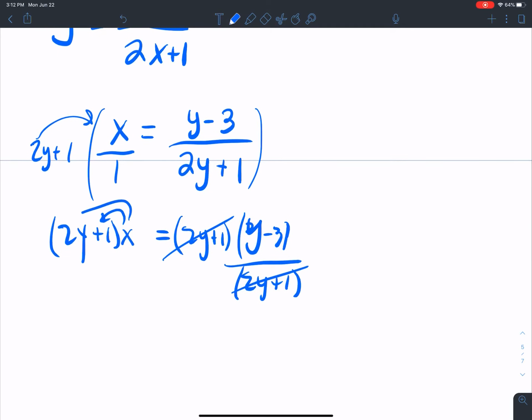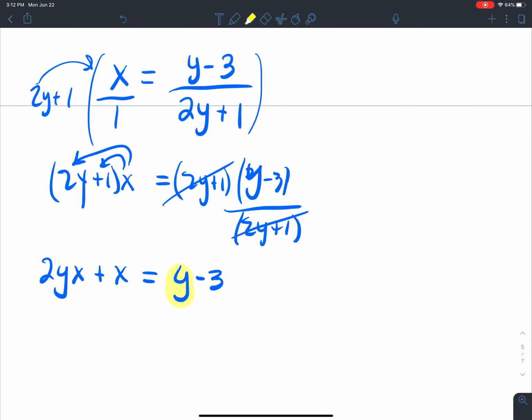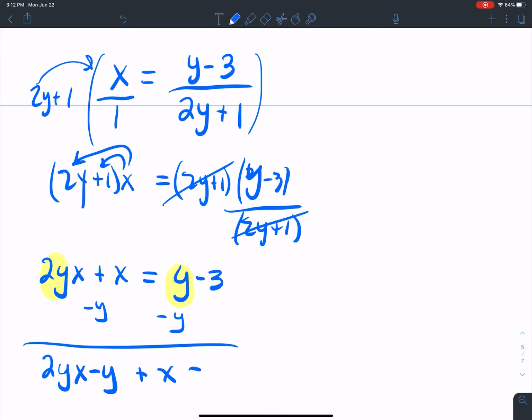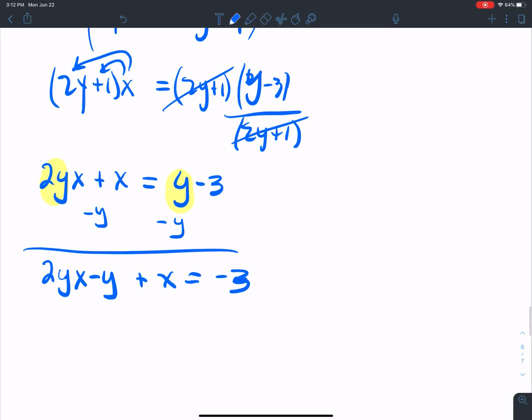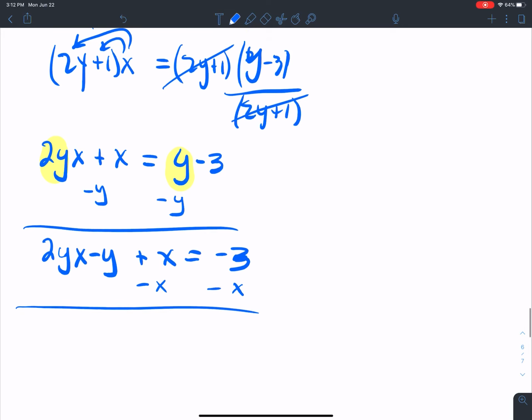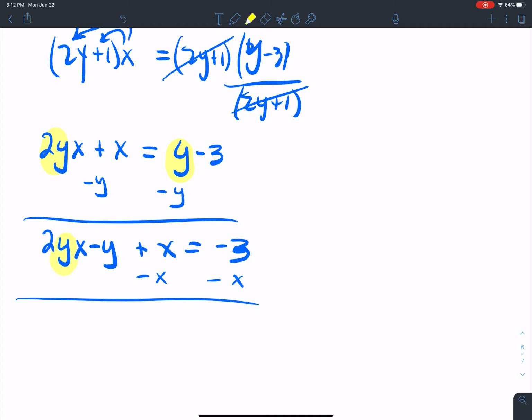So if I distribute, I get 2yx plus x equals y minus 3. Now I want the y's on one side, so I'm going to subtract y. That gives me 2yx minus y plus x equals negative 3. I'm going to subtract x from both sides because I want the y's by themselves. The last term doesn't have a y, so I'll move it over. So I have 2yx minus y equals minus x minus 3.